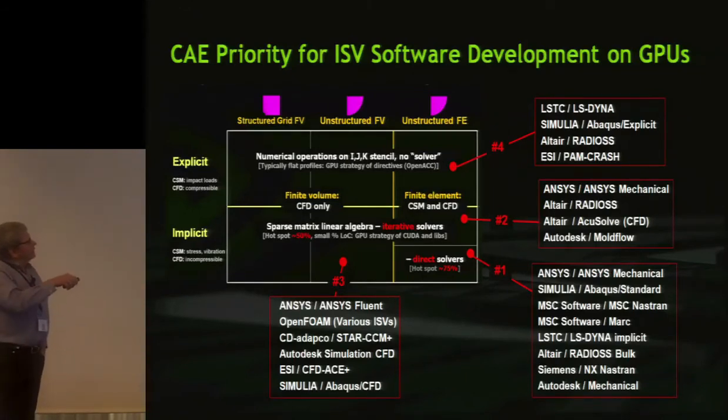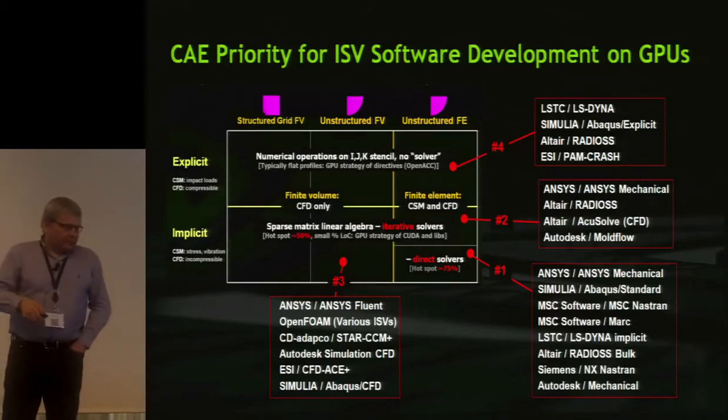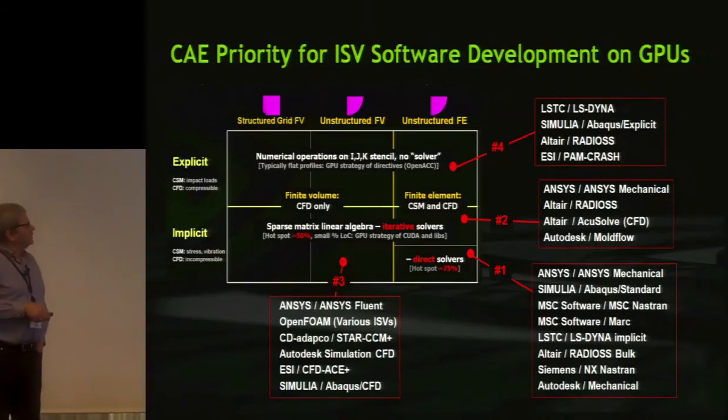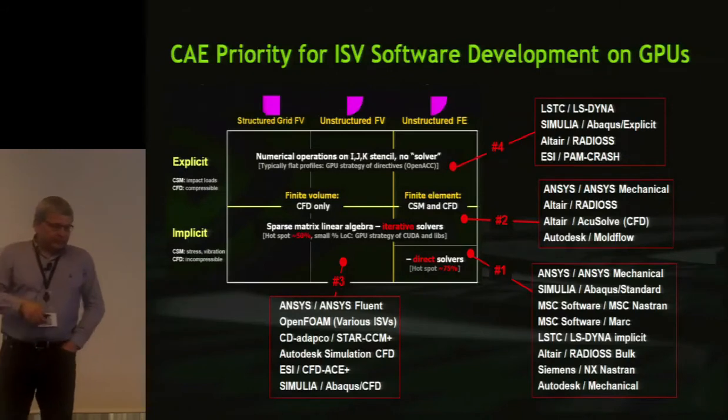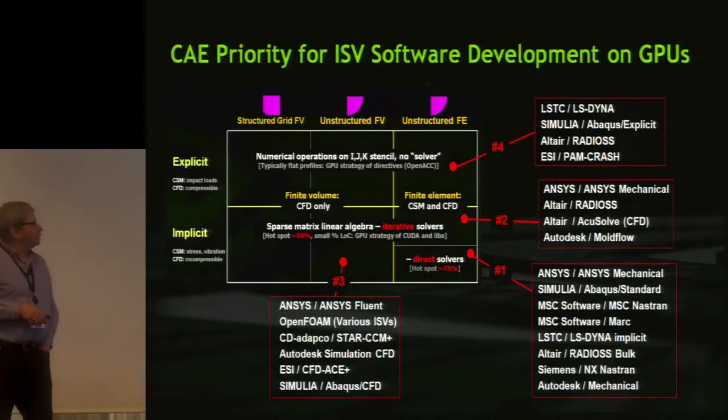On the other side, you have iterative solvers, where the hotspot is not so big, but maybe around 50% of the total runtime is spent in the solver. And here the strategy is to use CUDA to implement these kinds of solvers and also to use GPU accelerated libraries.